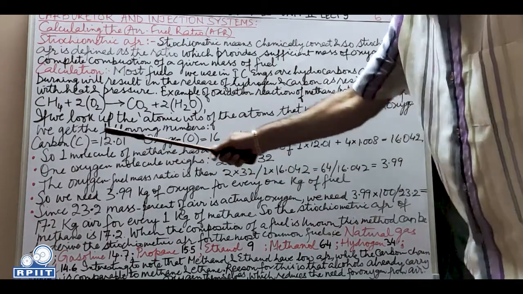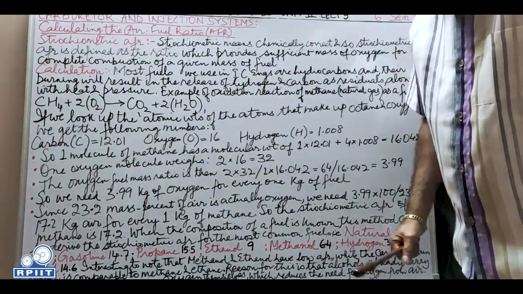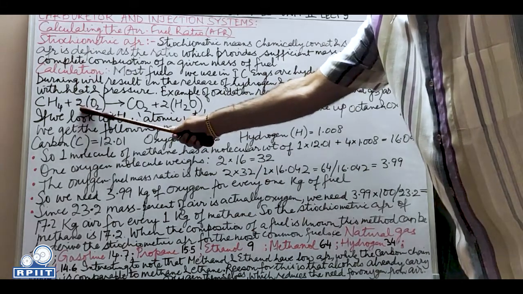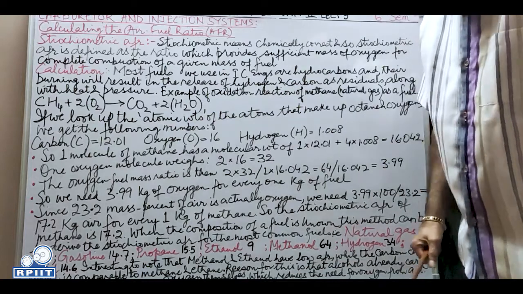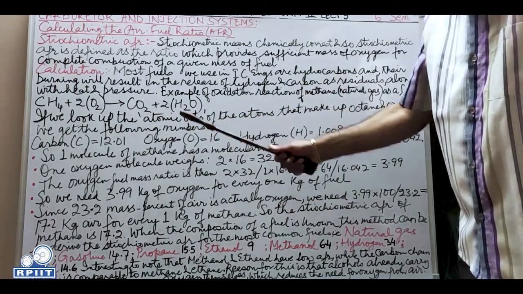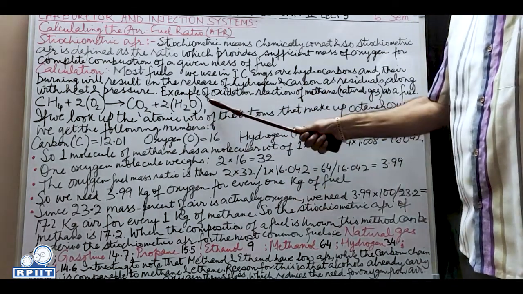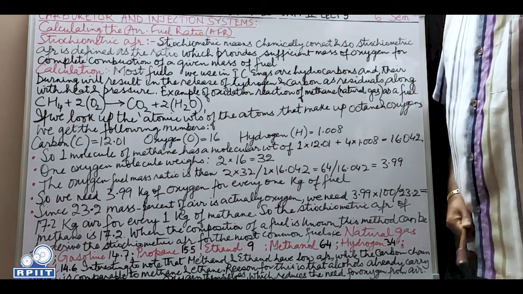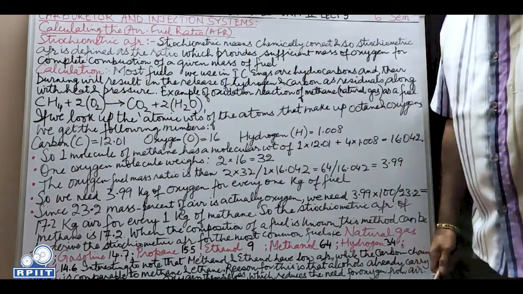So here, methane is CH4 plus 2 oxygen molecules result in CO2 plus 2 H2O. This is the chemical reaction when we burn CH4 with oxygen.